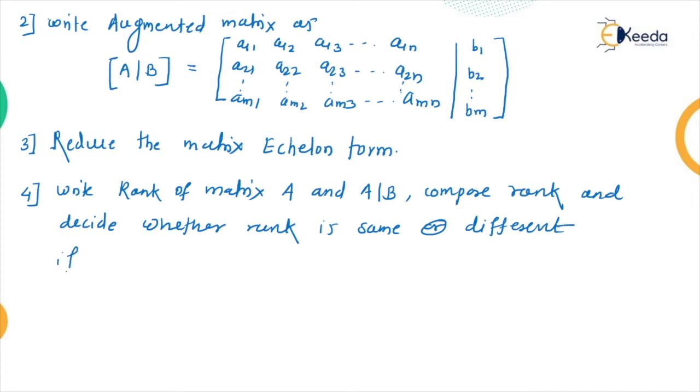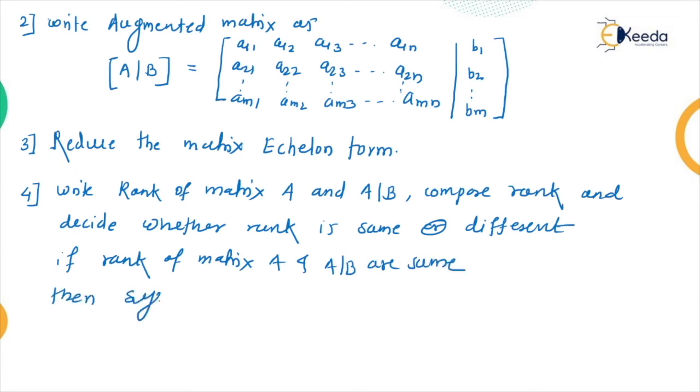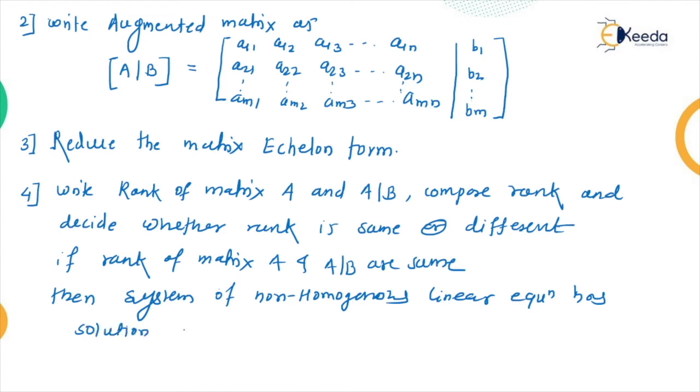If the rank of matrix A and the augmented matrix AB are the same, then the system of non-homogeneous linear equations has a solution, otherwise it has no solution.